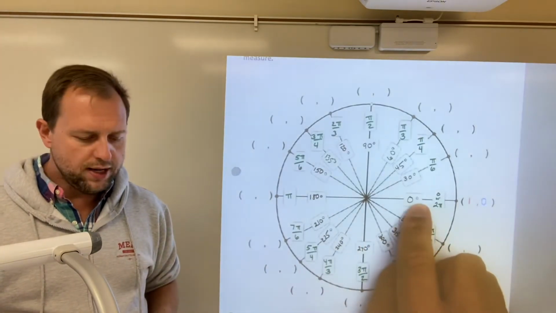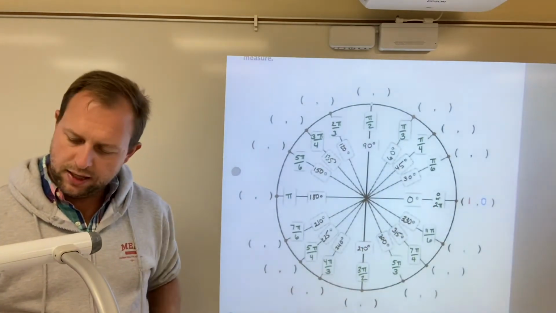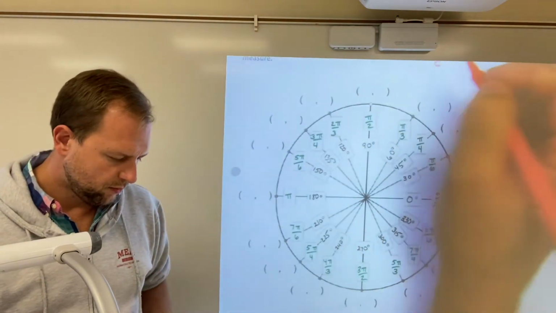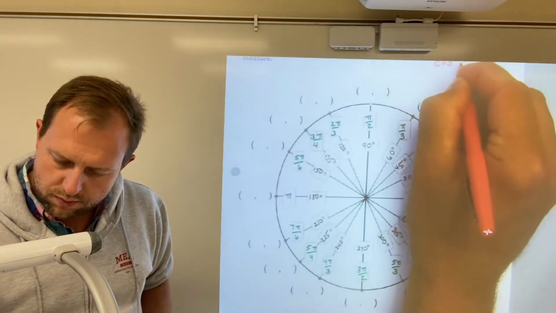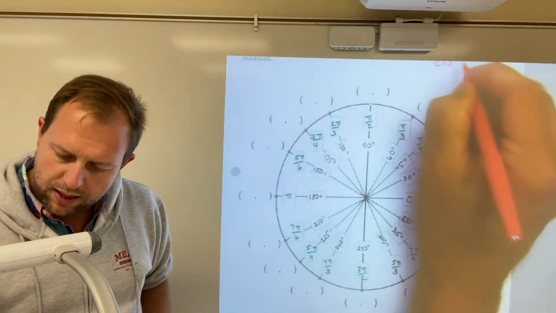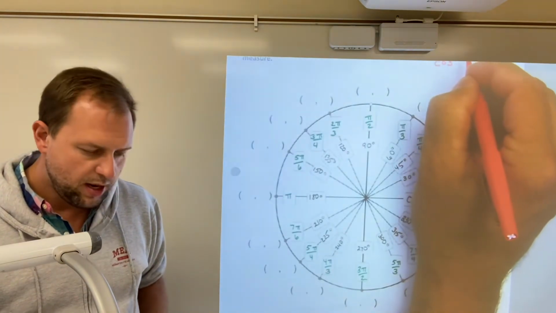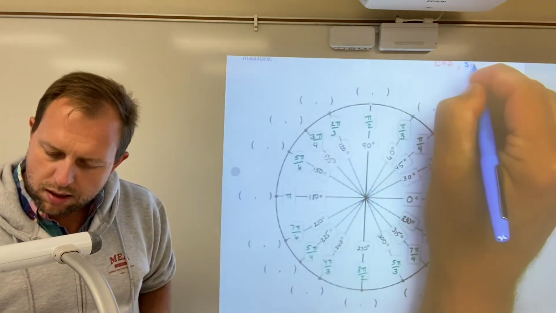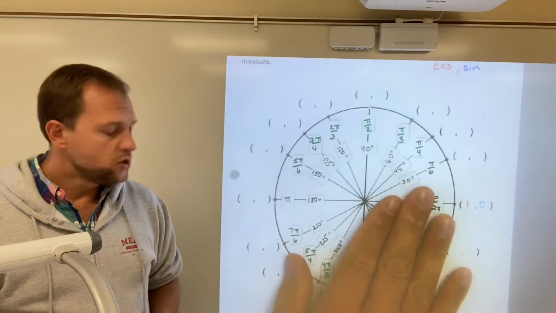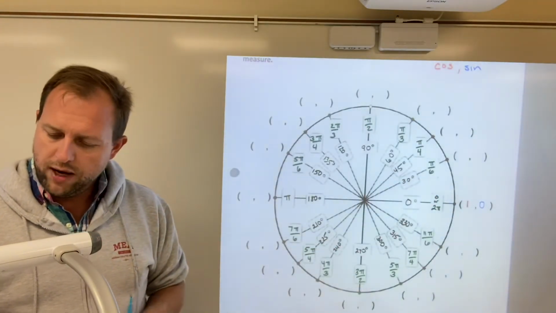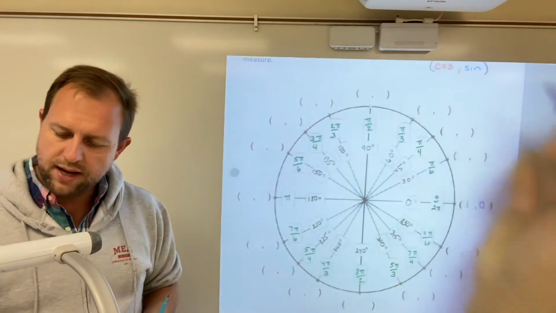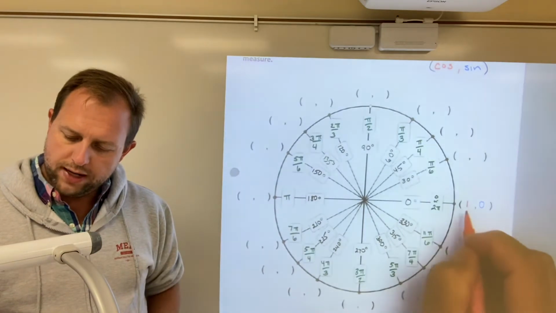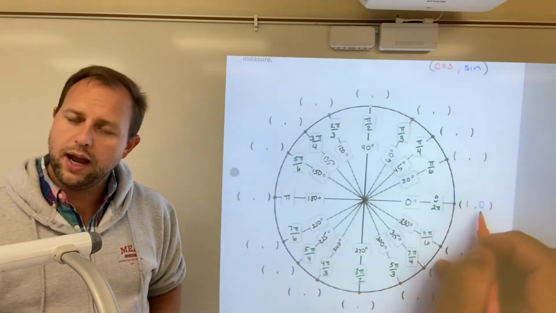For 0 degrees, we have the cosine being the x coordinate, and we end up with the sine being the y coordinate. So when we look at it as a unit circle, we have the cosine value followed by the sine value. And at 0 degrees, or 0 radians, we have a cosine of 1 and a sine of 0.